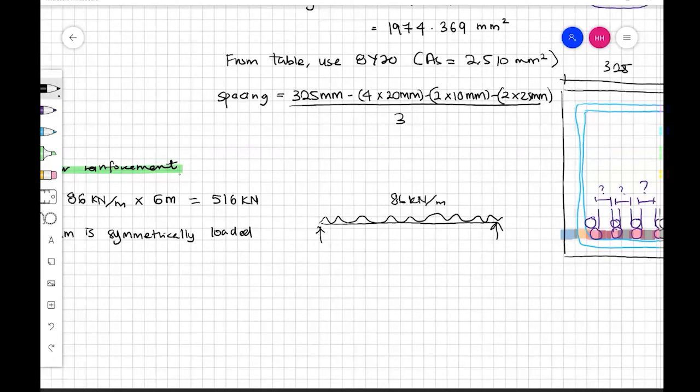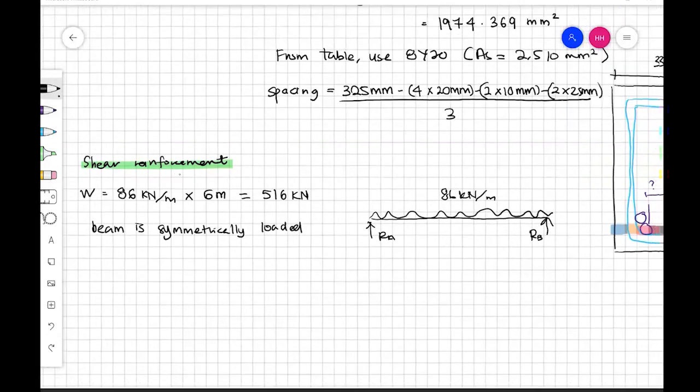Symmetrically loaded means the reactions left and right, RA and RB, will be the same because they balance. You have just one UDL for the whole beam, along the way to the end of the beam, which is 6 meters.